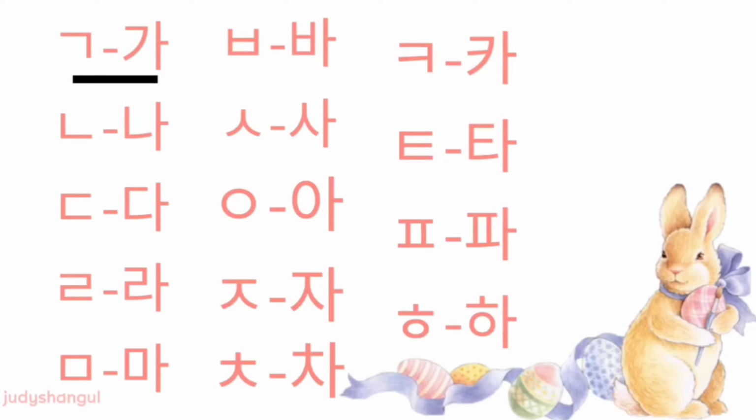G, ga, n, na, d, da, l, la, m, ma, b, ba, s, sa. 이응, silent. 아. 지읒, 자. 치읓, 차. 키읔, 카. 티읕, 타. 피읖, 파.